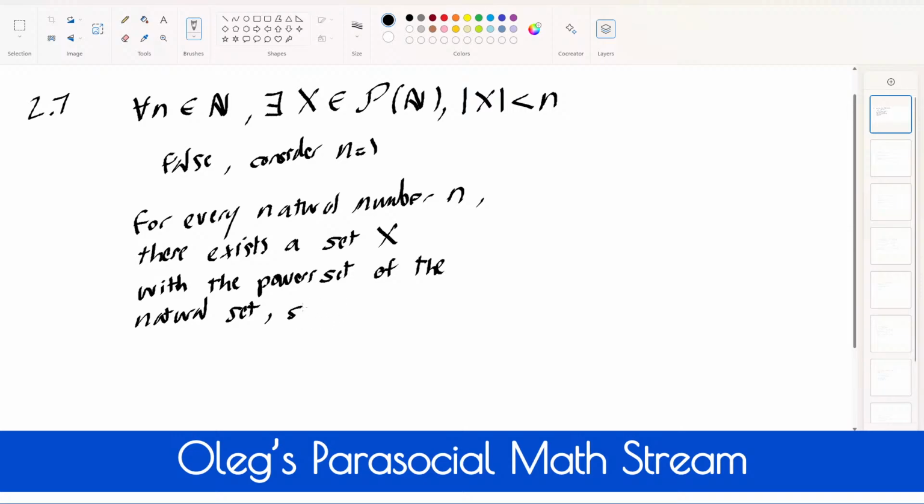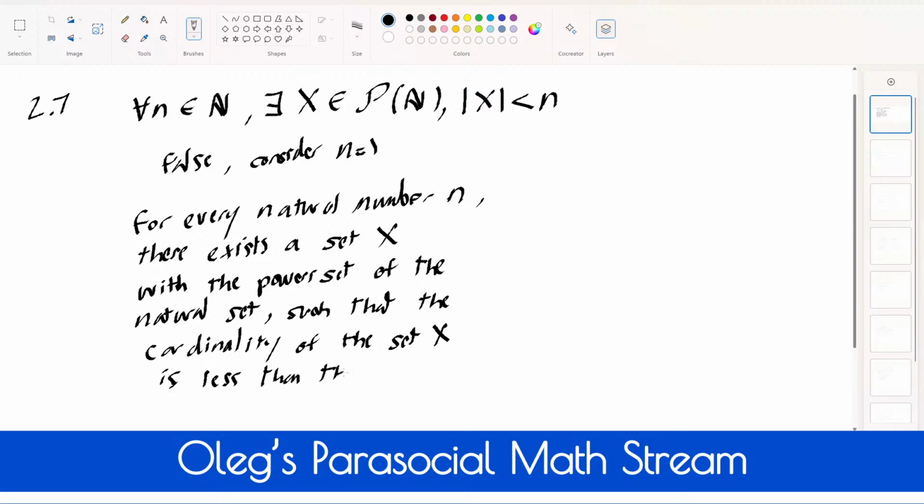Such that the cardinality of the set X is less than the number n. Okay, so wow, that's a paragraph.